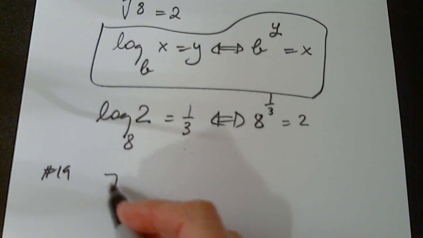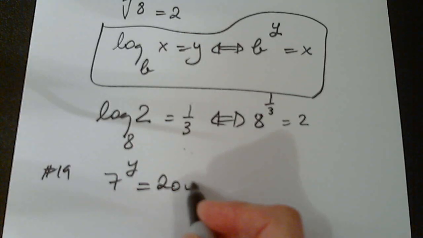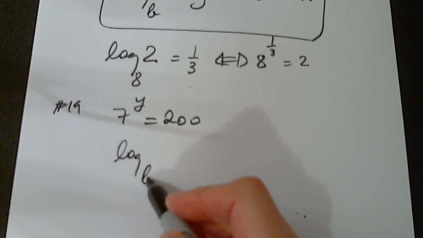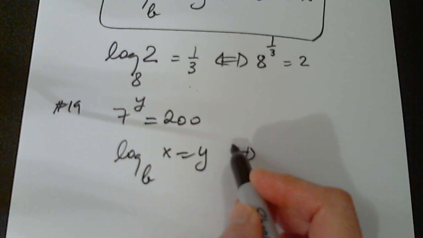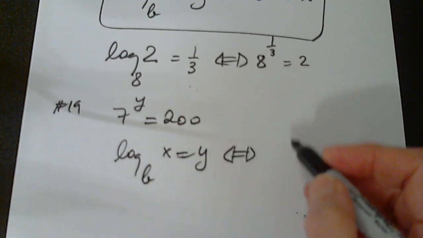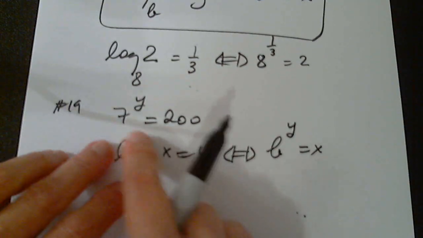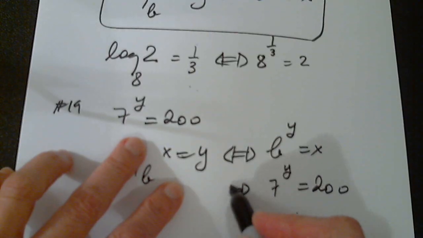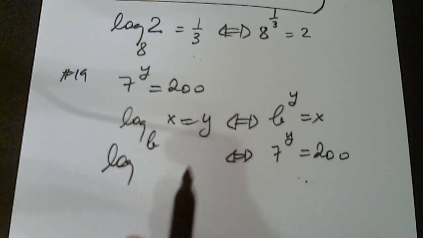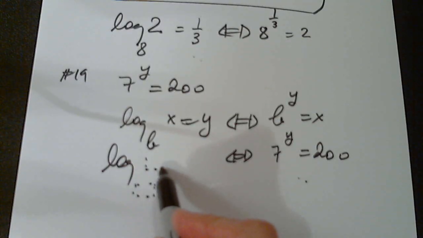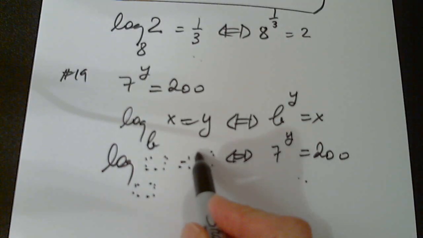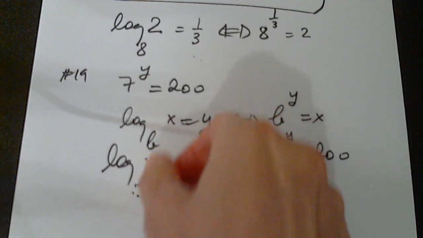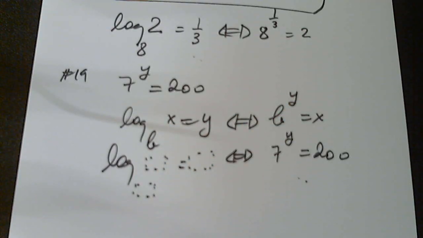In 19, we have 7 raised to y equals 200. Perfect. Again, I'm going to write the relationship. Log base b of x is y is equivalent to b raised to y equals x. Very simple. 7 raised to y equals 200. I have log. I need to find the base. I need to find here x, and I need to find here y. The base is here, x is here, y is here.